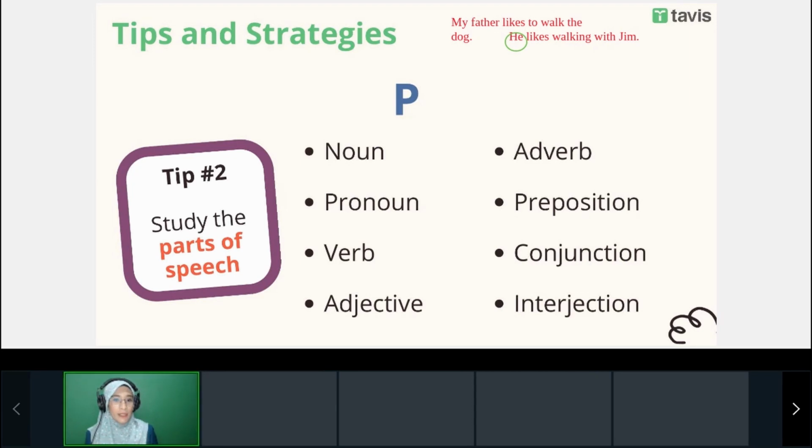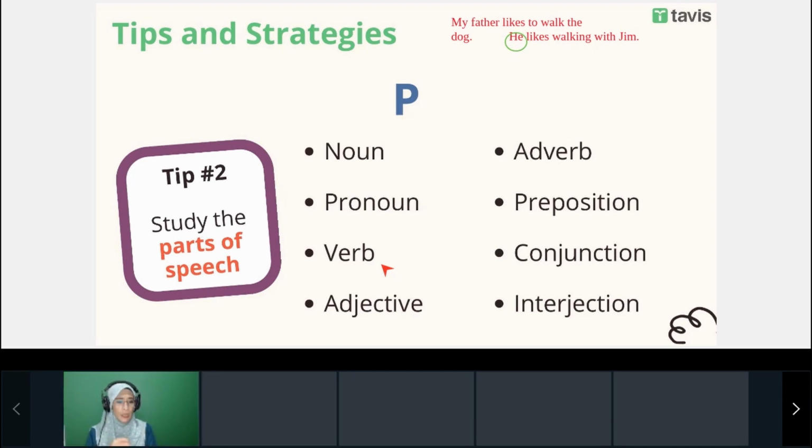Okay, so now let's try and identify more. Can you tell me where is the verb? But first of all, what is a verb? Now, a verb is actually action words. Whatever that you move, whatever that you do, whatever that you smell, whatever that you hear, whatever that you see.